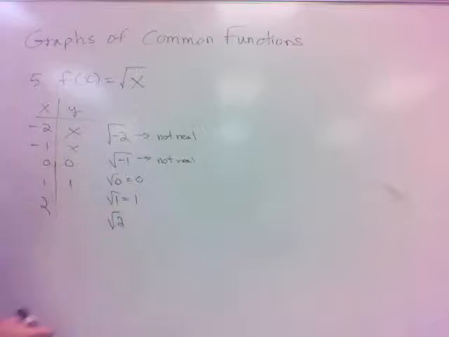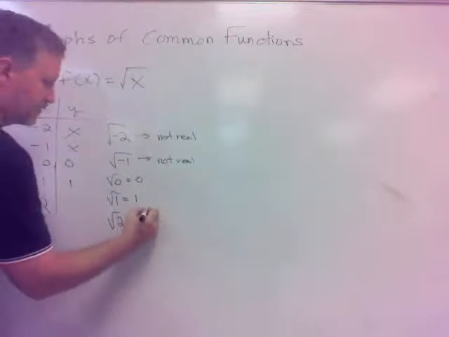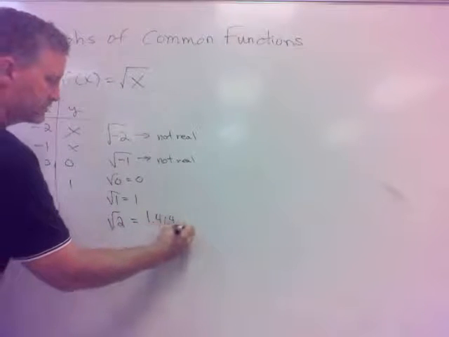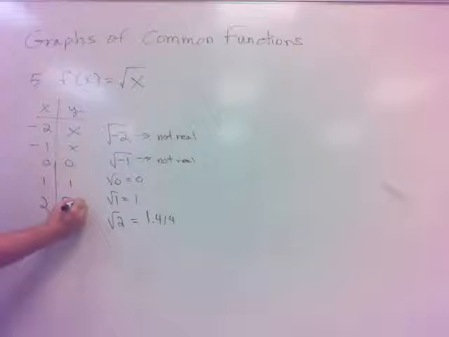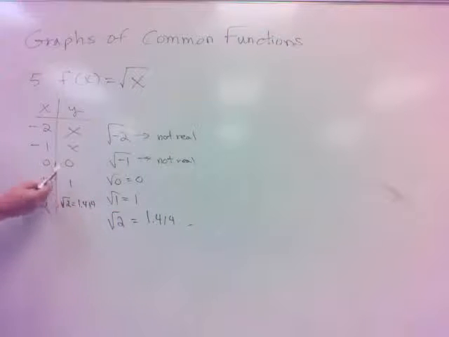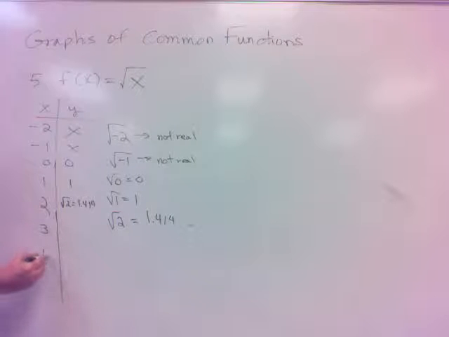Square root of 2, is that a real number? It's a real number. It's not a nice real number, but if you punch it on your calculator, you get 1.414 something. Yeah, that's a real number. Now, if you look at it, this only gives me 3 points, so let's get a couple more. Let's do 3 and 4 here.